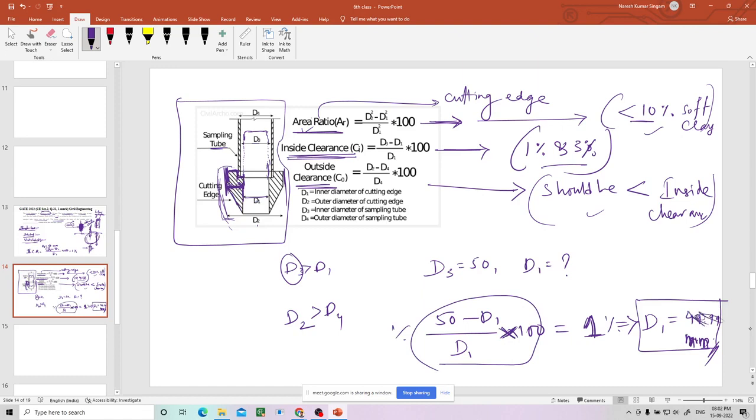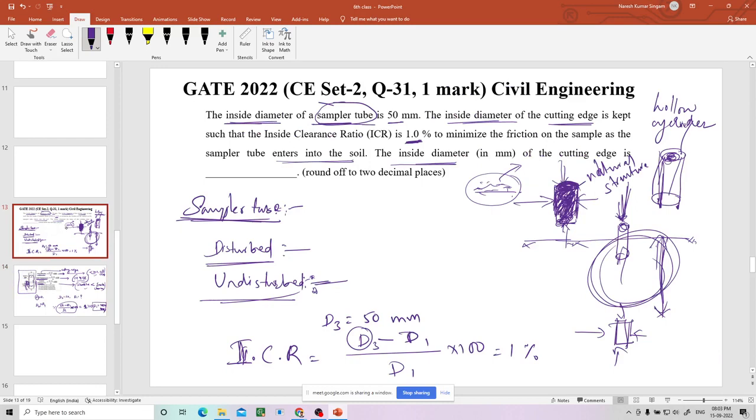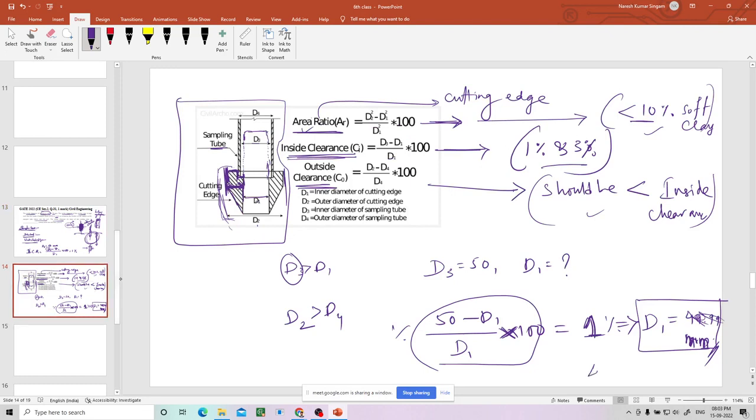Then what is the value? 49.5 or 4.95? Yeah, 49.50 mm. D1 is right.